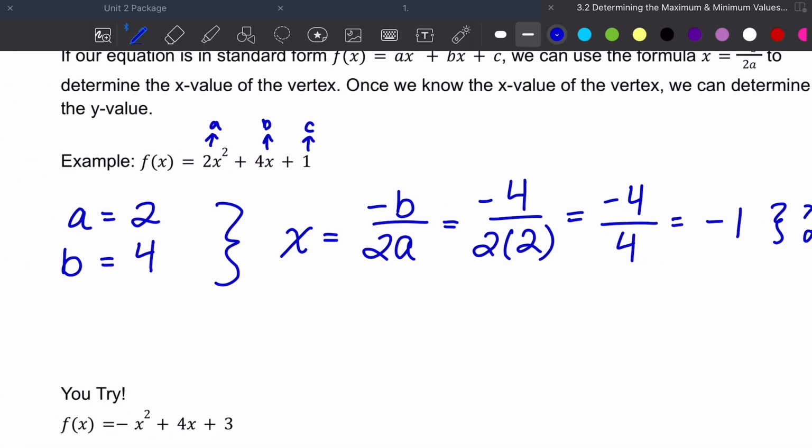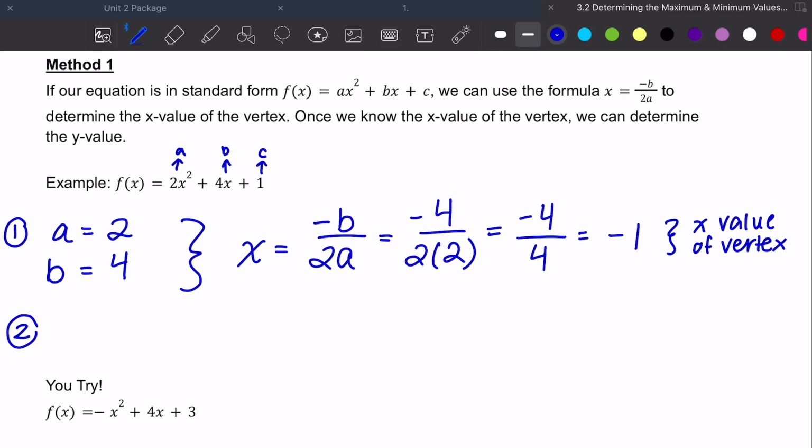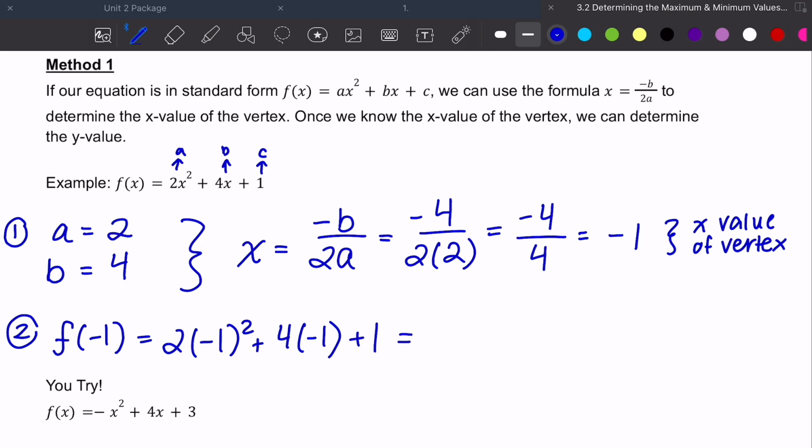If I want to find my y value of the vertex, I'm just going to now plug in negative 1 into my equation because I know that is the x value that the vertex is happening at. So f(-1) is equal to 2 times (-1)² plus 4 times (-1) plus 1. Which I believe is going to give us 2 minus 4 plus 1.